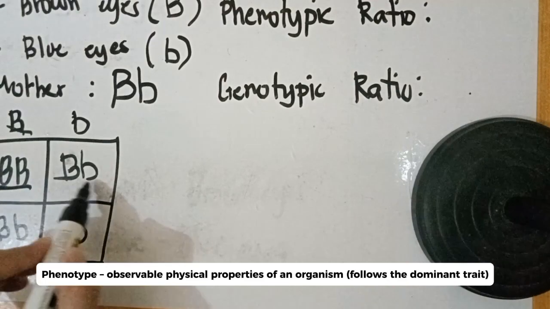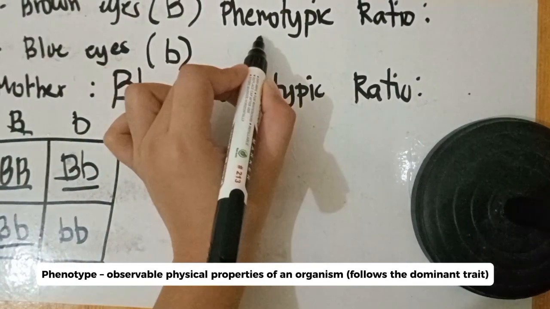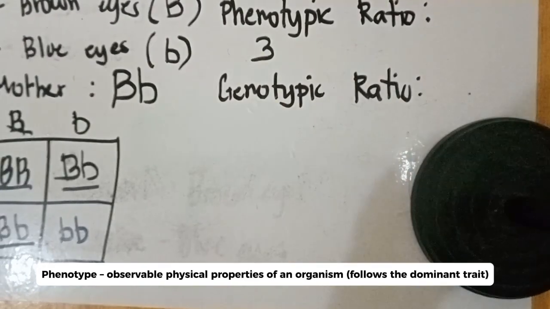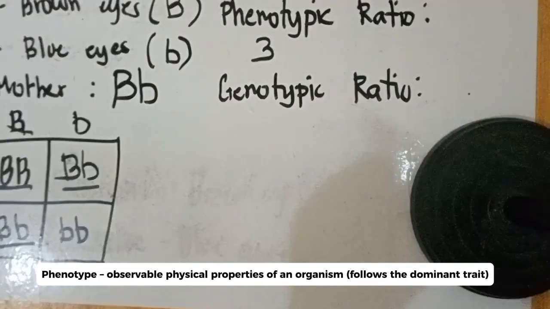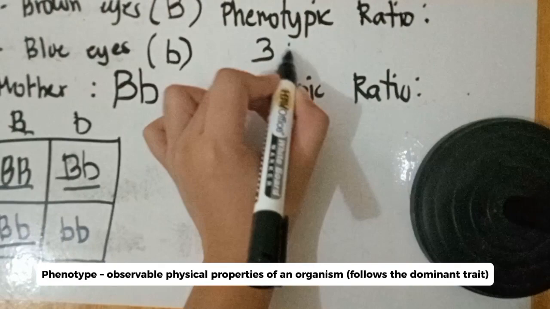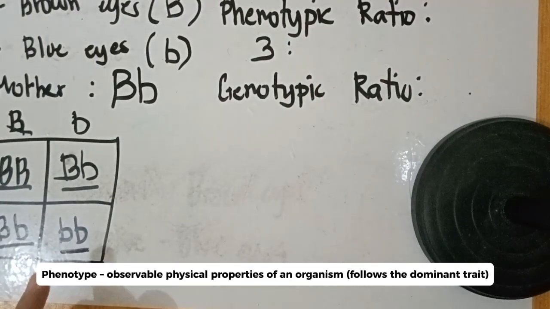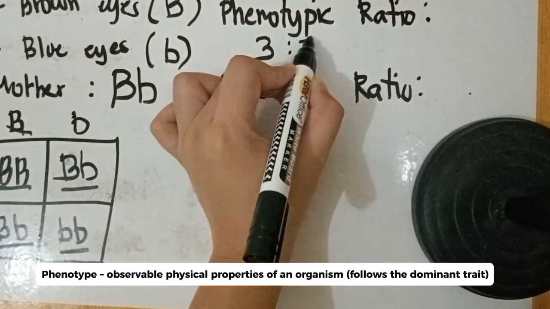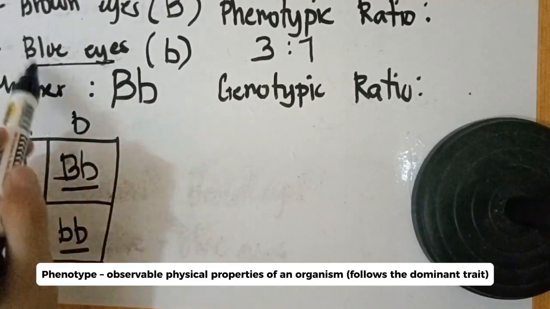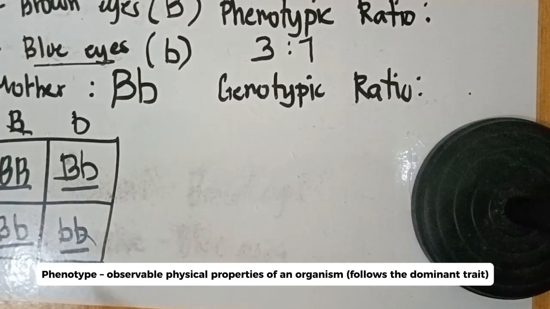We have 1, 2, and 3. So we have three offspring who will have brown eyes because brown eyes is the dominant trait or dominant allele. But we have one more here. We will have one offspring with blue eyes because the small b b is represented as the recessive trait.